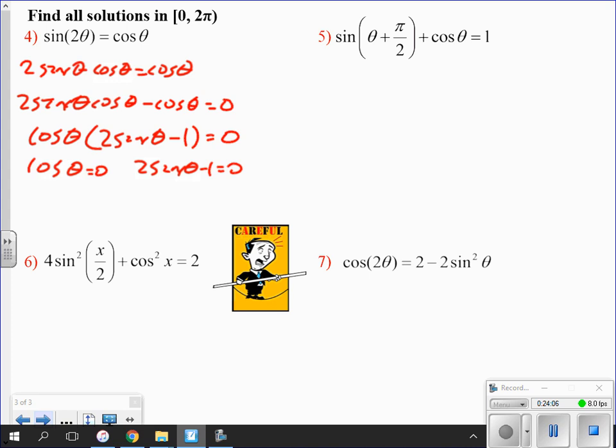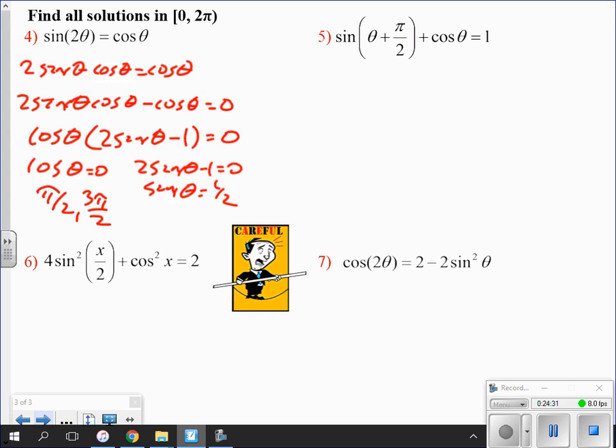What values between 0 and 2 pi make the cosine 0? Pi over 2 and 3 pi over 2. Straight up and down. This one I need to rearrange, add 1, divide by 2. The sine of theta equals 1/2.